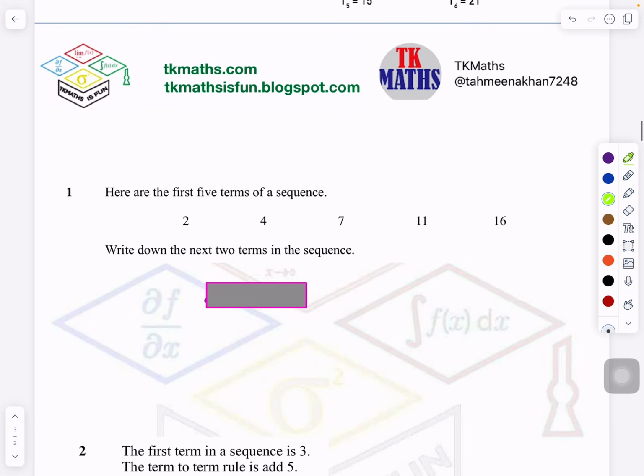Okay, so now let's see. You will tell me here the next two numbers now, because you understand the rule now. What is happening here? Absolutely right. You are adding 2 every time, right?